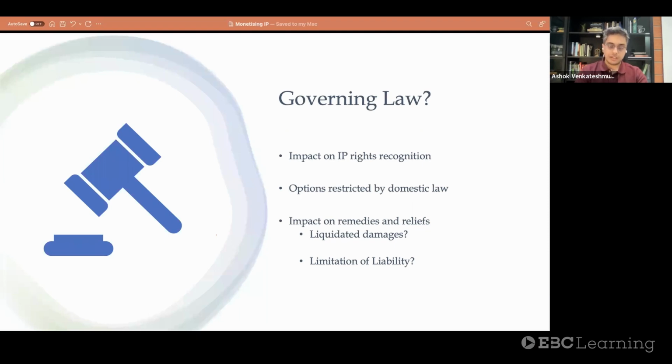So you have to be very clear that before you put together the terms and conditions of the contract, examine the governing law to see whether the business case that the parties have agreed upon is even tenable. Can it actually be recognized and enforced under the relevant governing law? And you can never take this for granted, right?